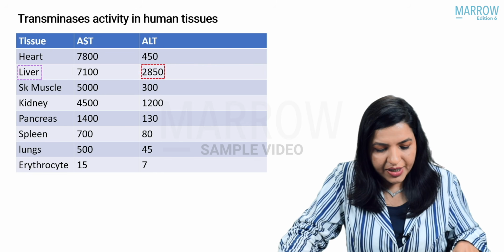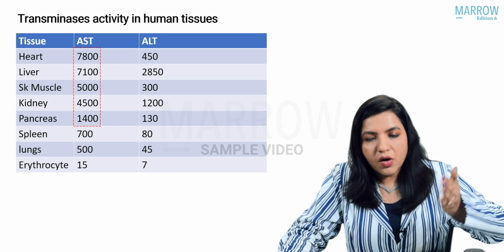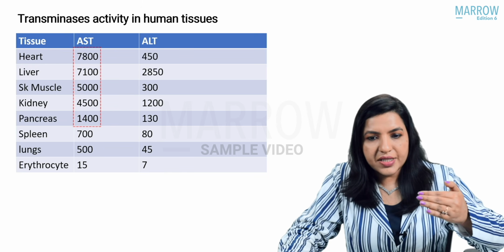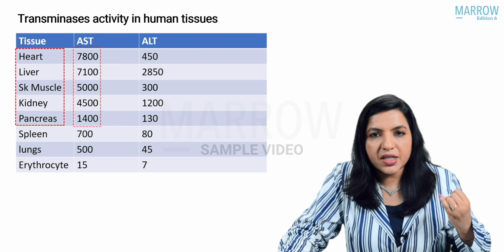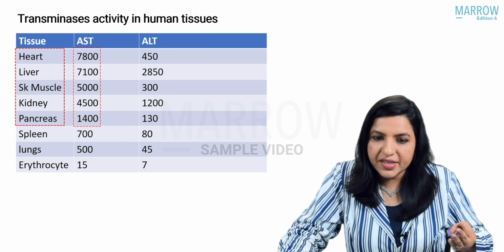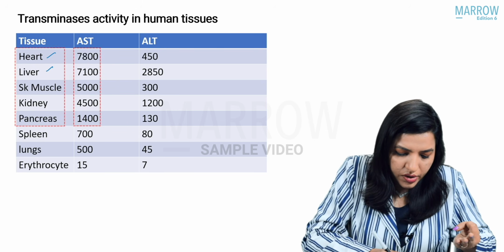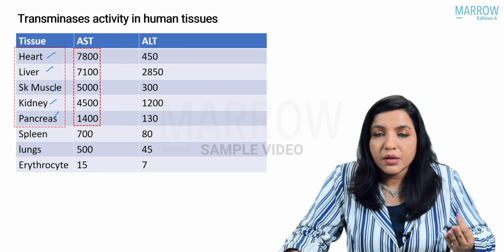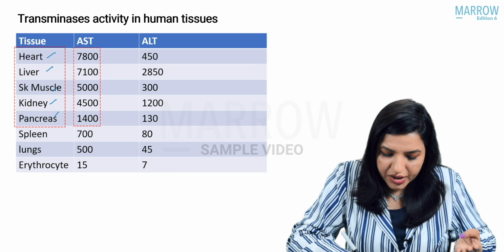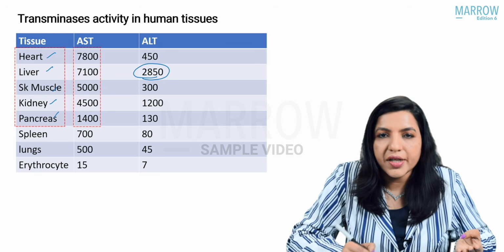Why? What's the problem with AST? In the case of AST, you can see the highest elevation in several places: the heart, the liver, the skeletal muscle. In all these organs, if there is injury, the AST level will rise. But the ALT level is specific for liver.